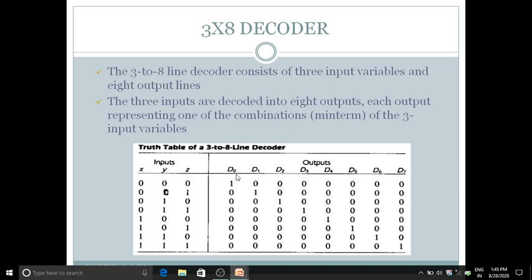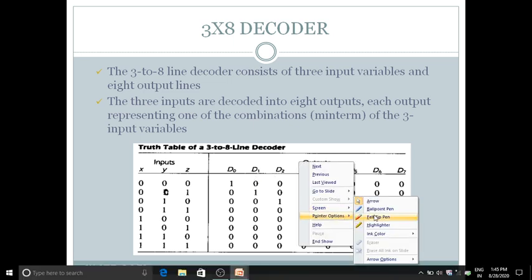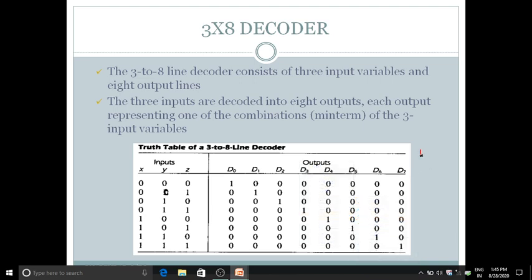So here, when I want to express the D0 function in terms of its input variables, you can see that D0 equals 1 only for one particular combination of inputs, that is x equal to 0, y equal to 0, and z equal to 0.